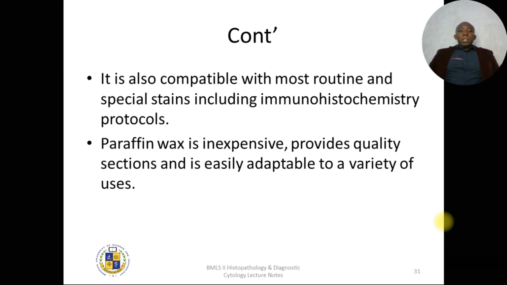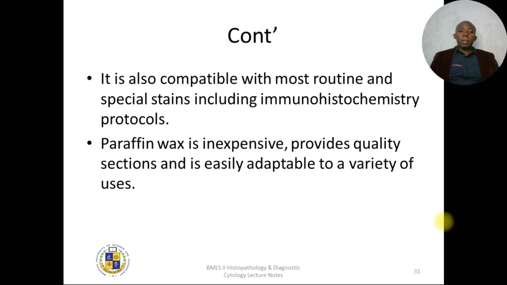So we need to note that paraffin wax is also compatible with most of the routine and special stains, including immunohistochemistry protocols, and it is inexpensive, provides quality sections, and is adaptable to a variety of tissues. Above all, it stays for long.